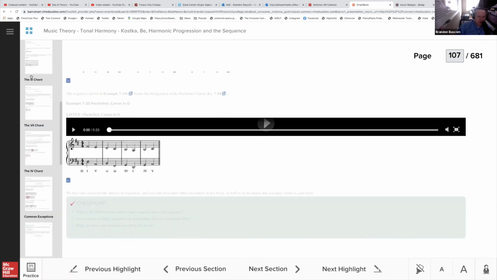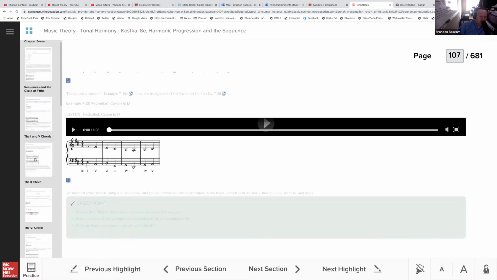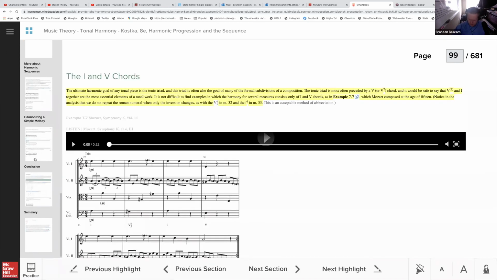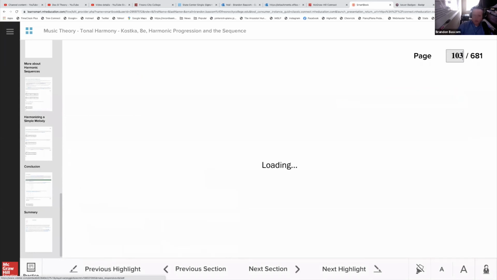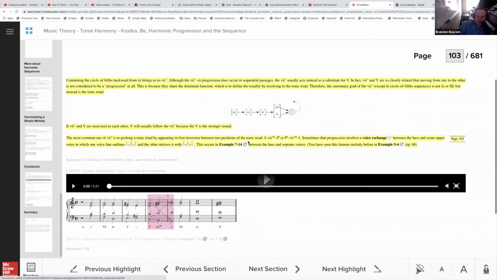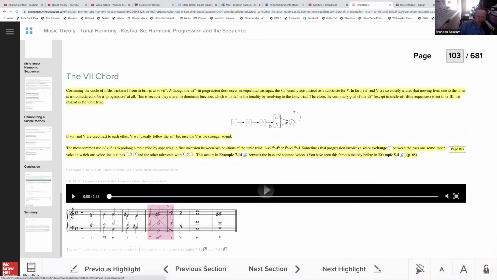I don't like this setup. But on page 103, let's see if we can get there. Whoa. Yeah. So we have all those charts. You remember those charts? The best chart is 105, actually.